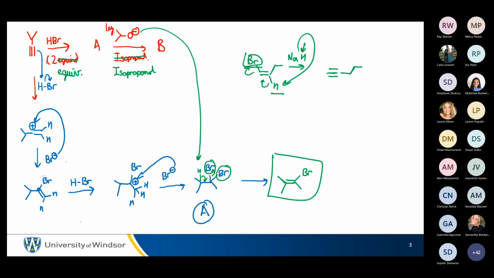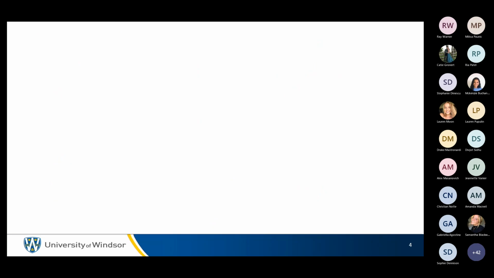So if I jump back up to Alyssa's question, if I could explain the difference between a base and a nucleophile again. So bases are basically subsets of nucleophiles. What is a nucleophile? It has to be electron rich because it's going to need to donate 2 electrons.